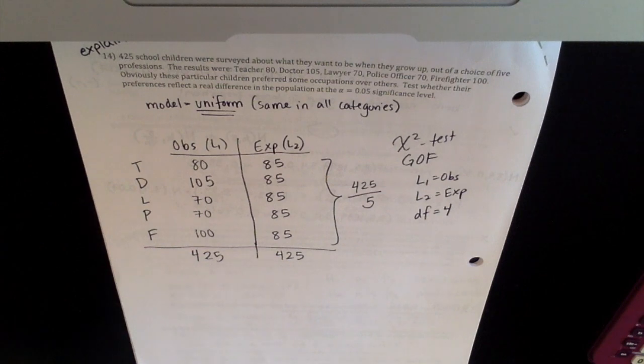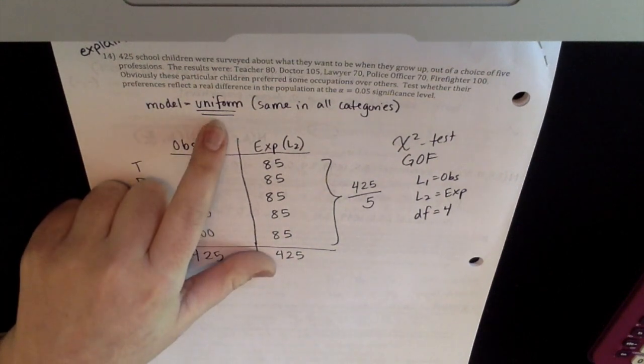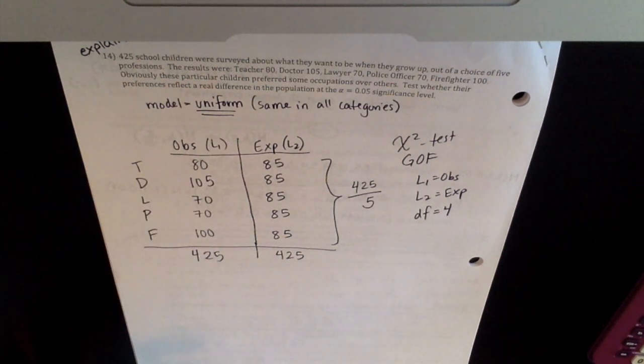Like, I would write something like: the distribution of future profession is consistent with the model, or the distribution of future profession is not consistent with the model. Something like that, where we know the model just states that it's uniform. It's still a model. So you don't have to alter your language just because we're talking about a uniform distribution.